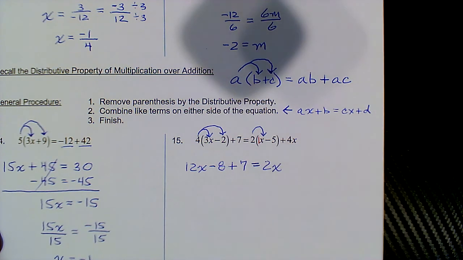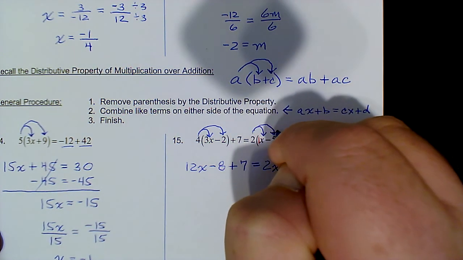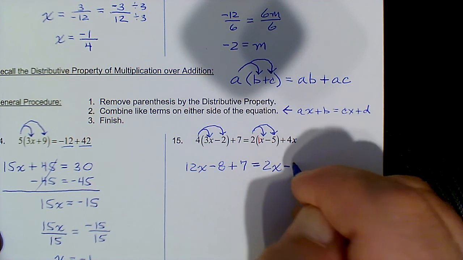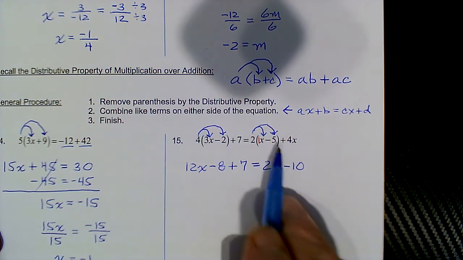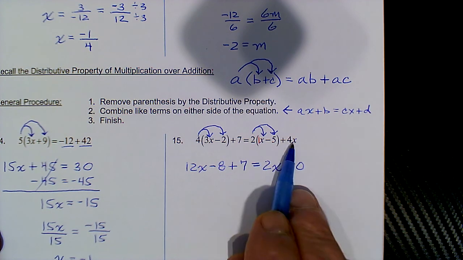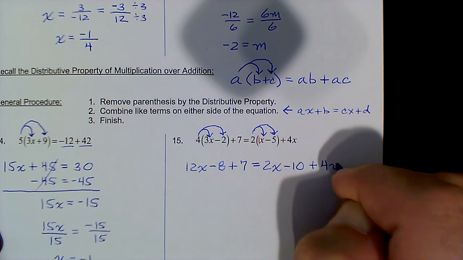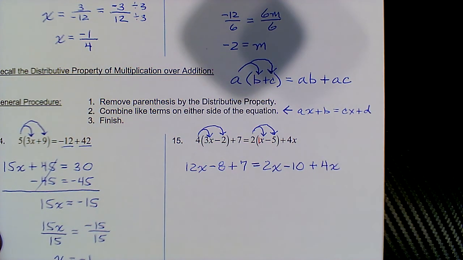And that 2 is distributed to the negative 5 as well. And 2 times negative 5 is negative 10. And now the closure of the parentheses stops the distribution of the 2. So now we just recopy the plus 4x. Okay, so we've removed the parentheses by the distributive property.